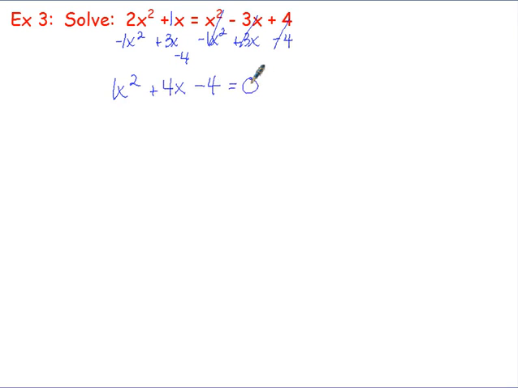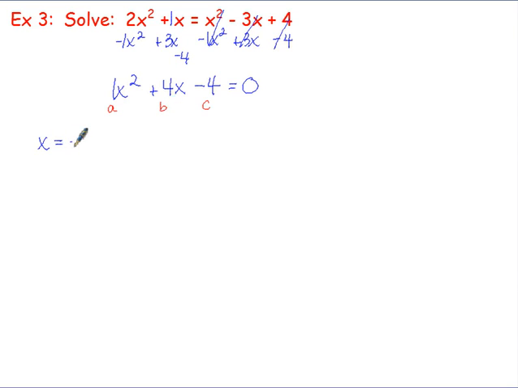We have our 0. Now I need to identify my a, which is 1, b, which is 4, and c is negative 4. And we are ready to plug them in the quadratic formula. X equals opposite of b.